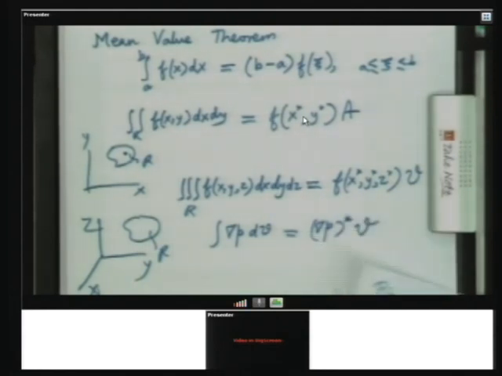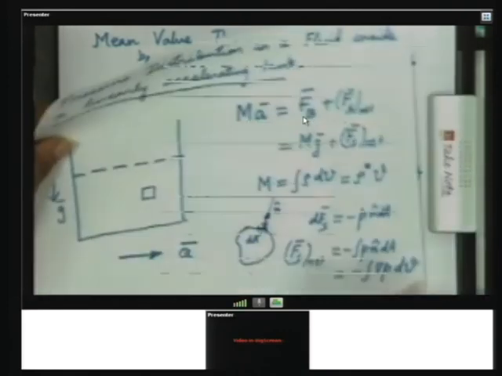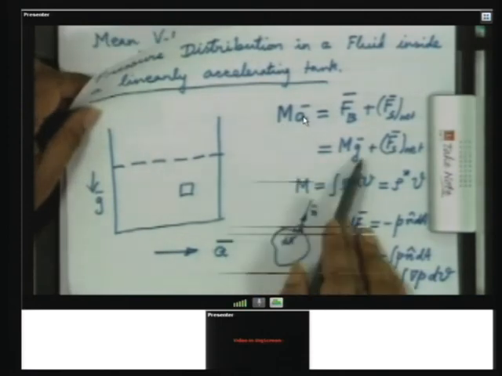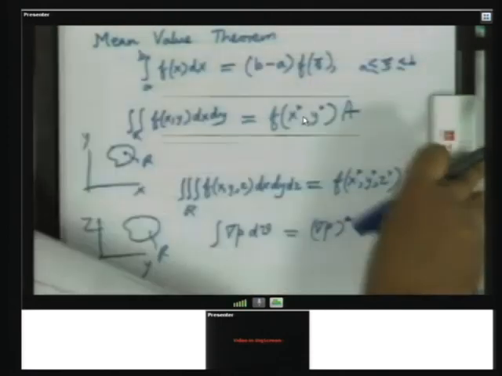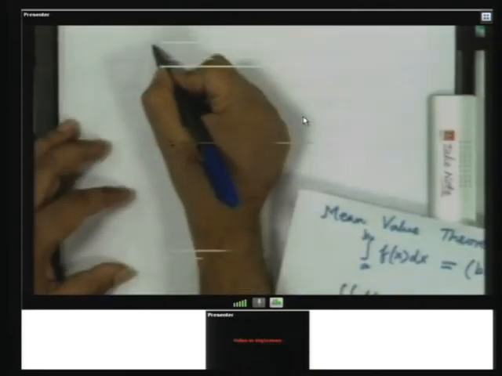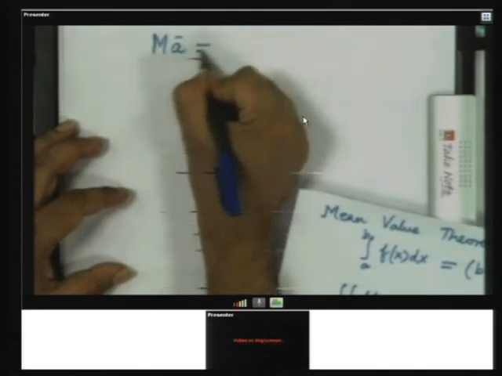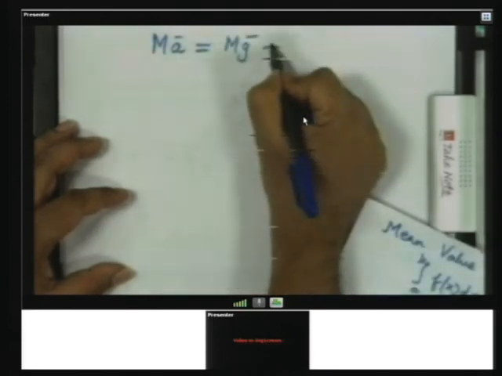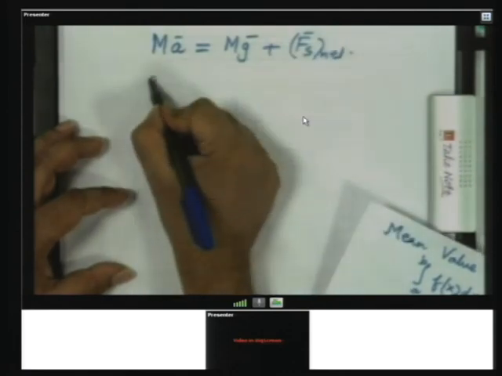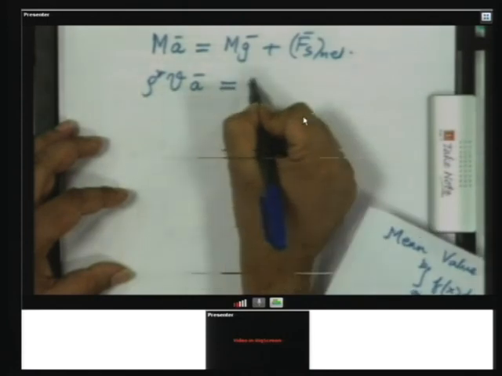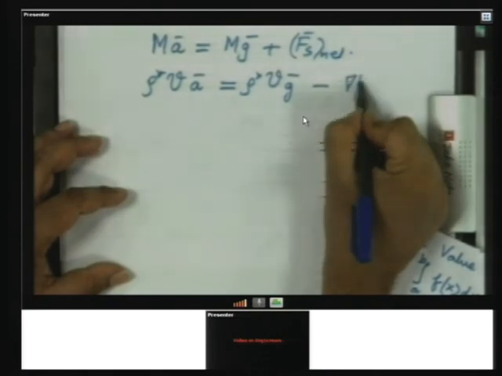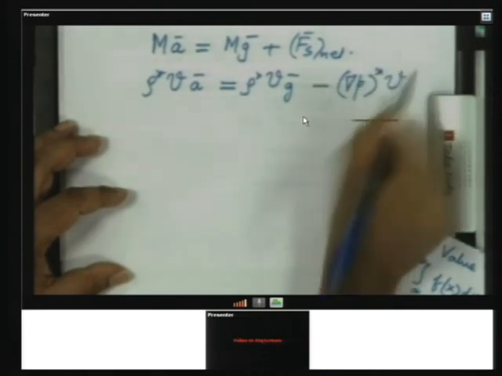So, if you go back and look at your momentum balance equation, ma is equal to mg plus Fs net, you can write it in this form: rho star V times the acceleration equals rho star V times the gravity vector minus grad p at some point times the volume.